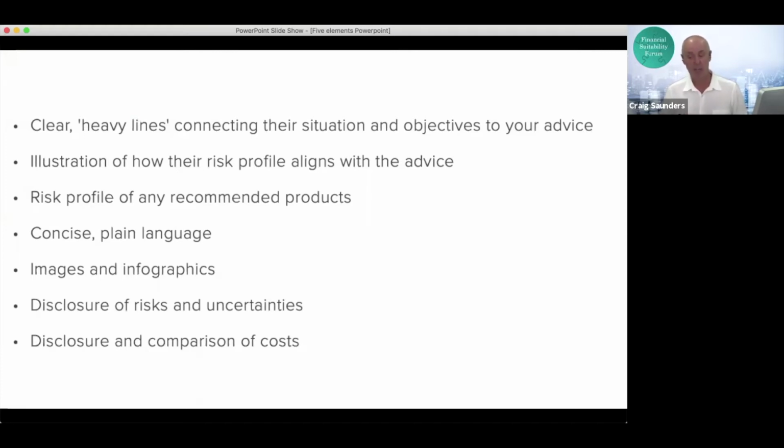It might require images and infographics because not everybody can analyze huge reams of data, disclosure of all those risks and uncertainties, and disclosure and comparisons of costs. This, for example, product A looked really good until I got to the costs, and I just couldn't justify it over product B when we compared the fees because product B was cheaper.